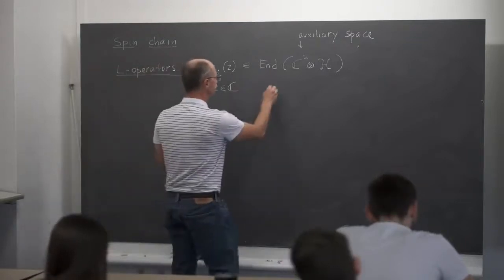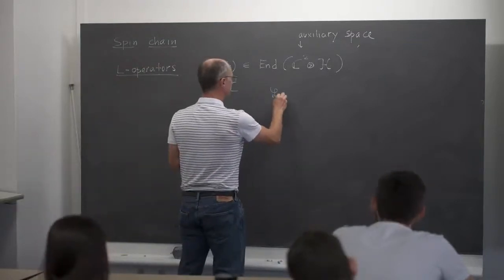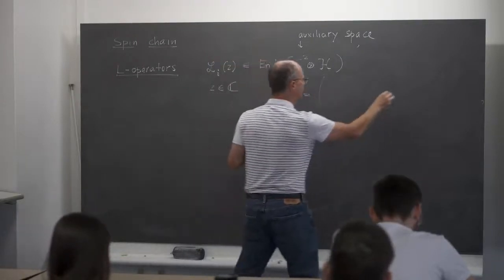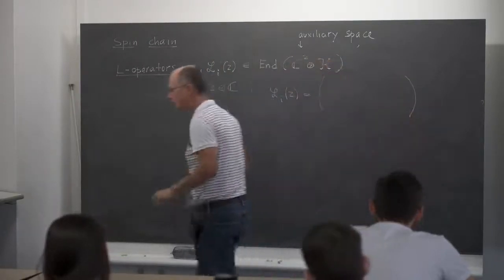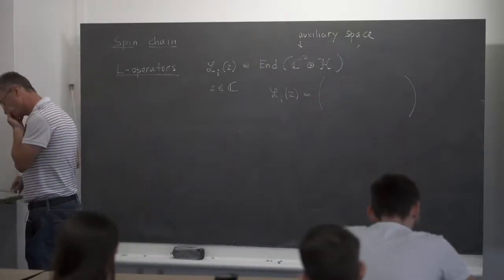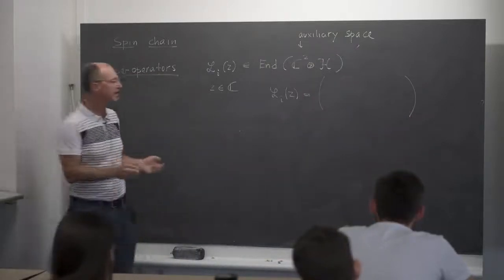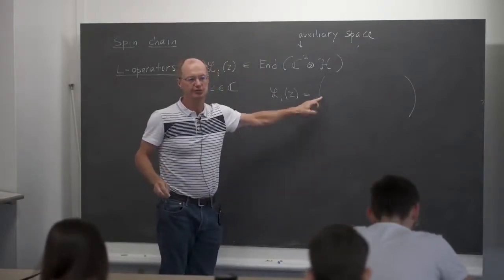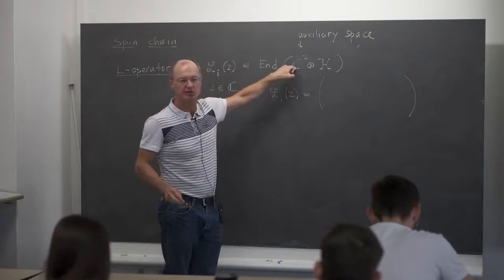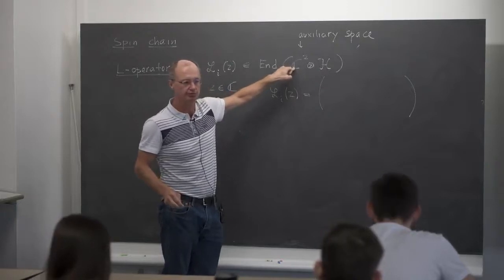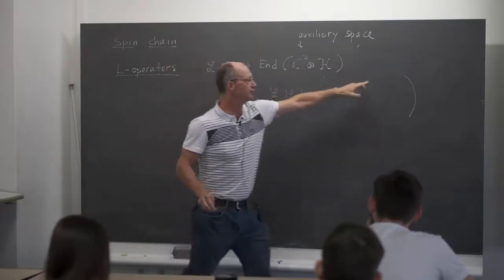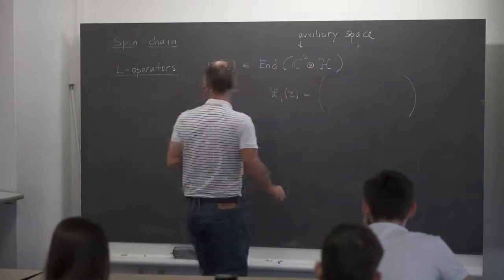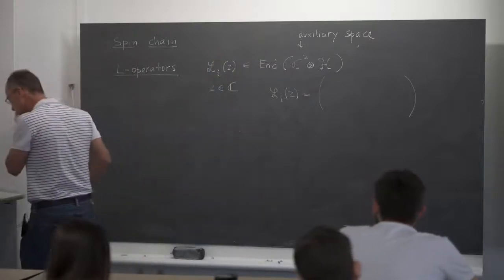Now, L_i will be given by an explicit formula. And I will write it as a 2 by 2 matrix. That's a 2 by 2 matrix acting on this C2, so the entries will be operators acting on H. So let me try to do it.